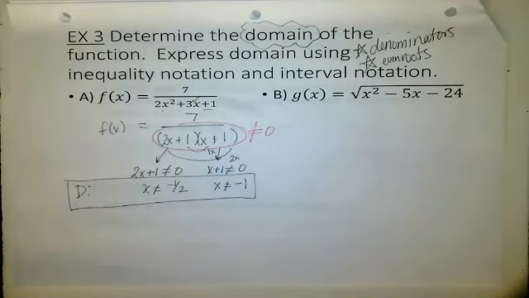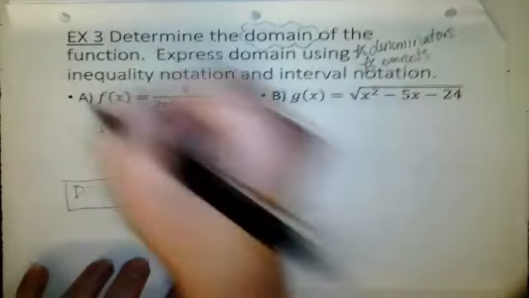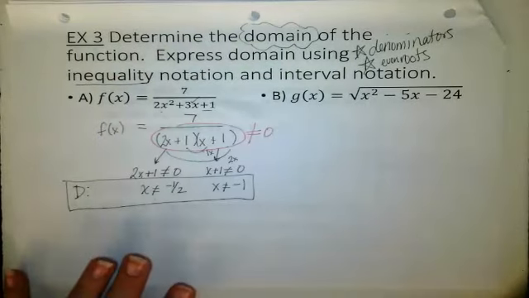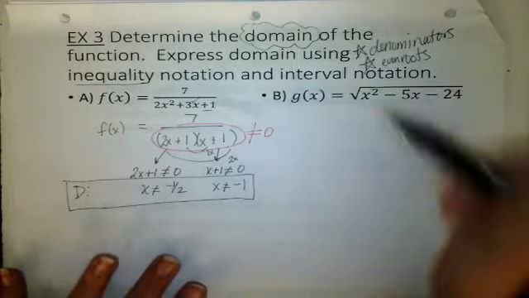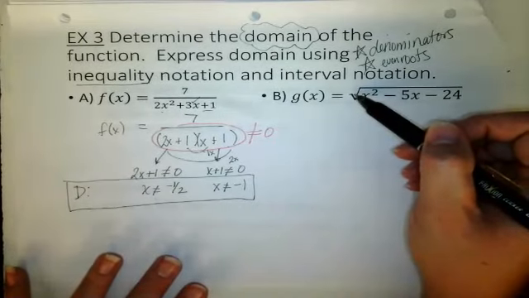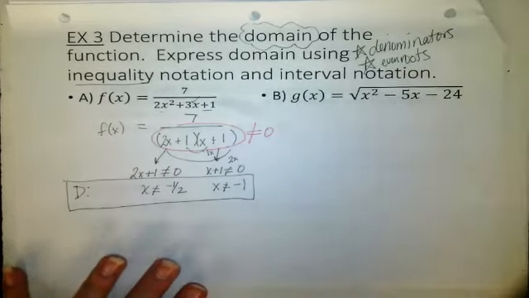Is that the answer? That is the inequality notation. Everything but those two numbers. Yes, exactly right. It could be a cube root or a fifth root. Those actually work just fine all the time.